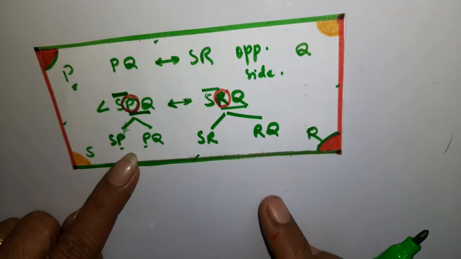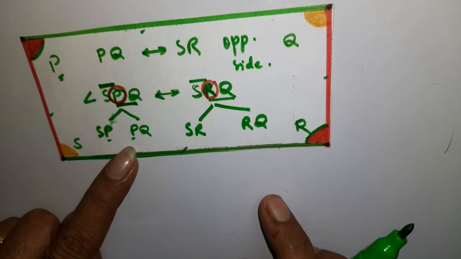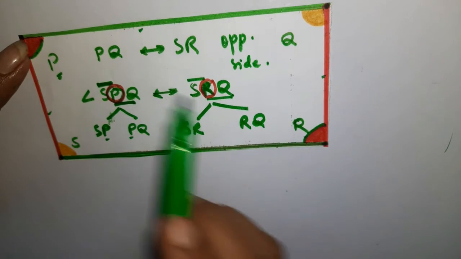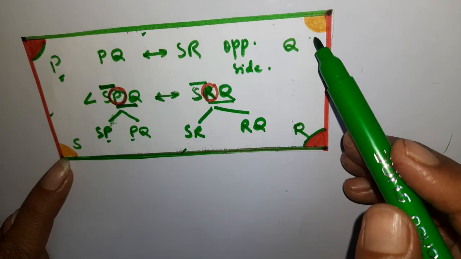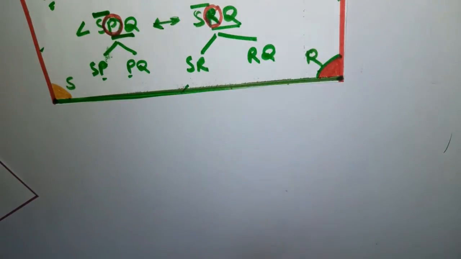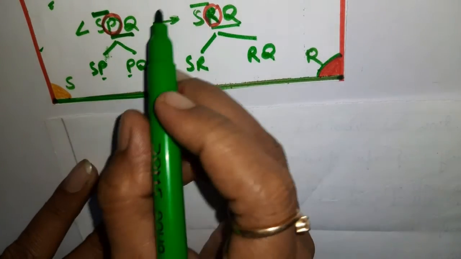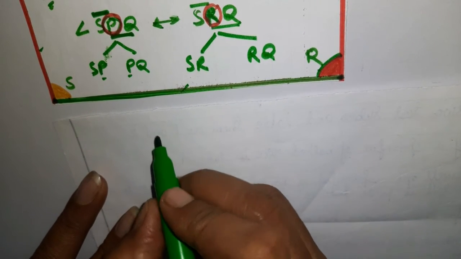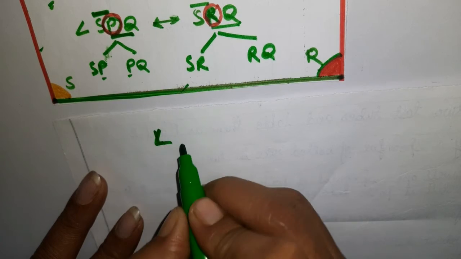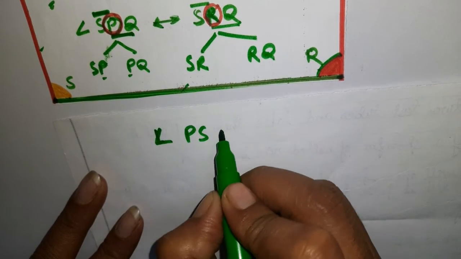Now how many pairs of opposite angles are there in this quadrilateral? You can see one pair is this red one and the other pair is this yellow one. Let me write, I'll show it on another sheet of paper. The second pair is angle PSR.